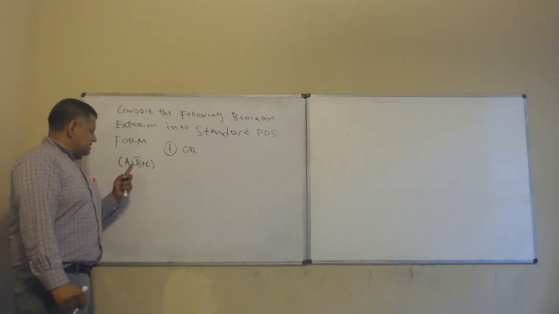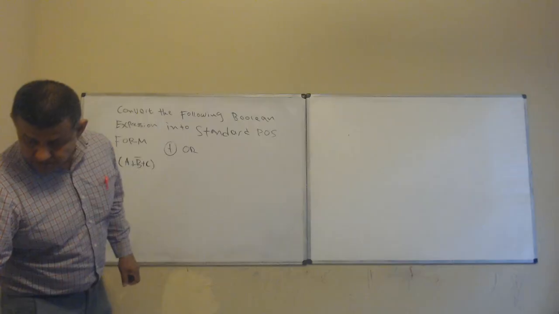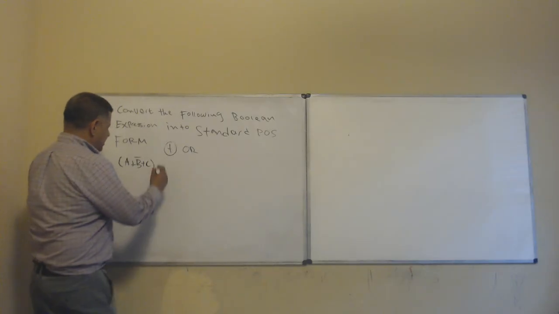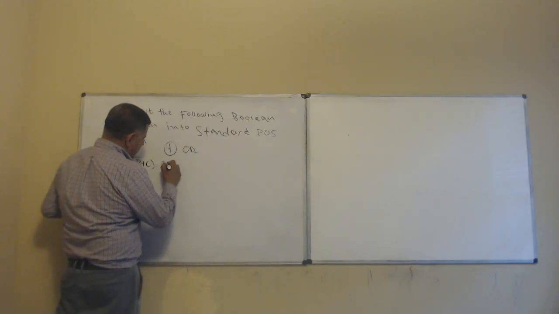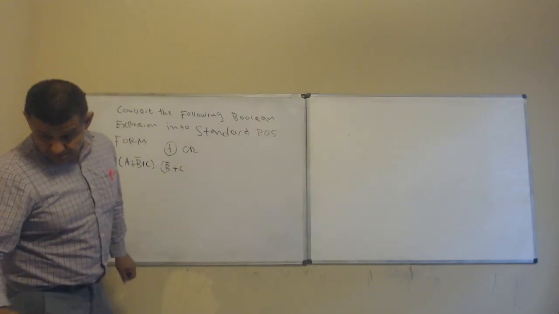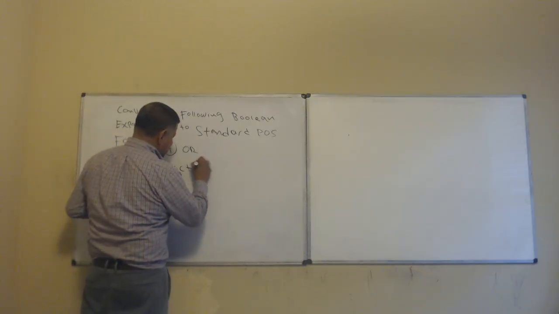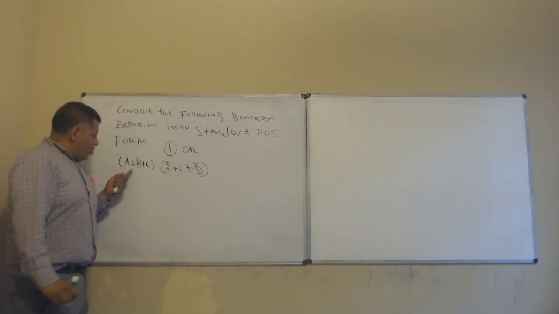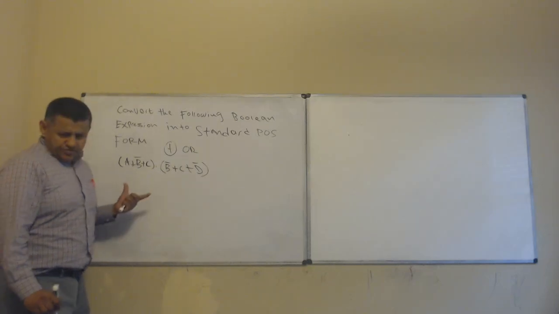Now, let's get the next term. This is not B times C times not D. What this is doing now is multiplying.